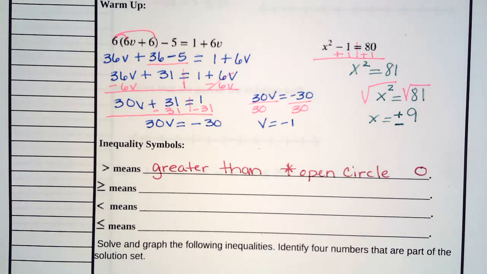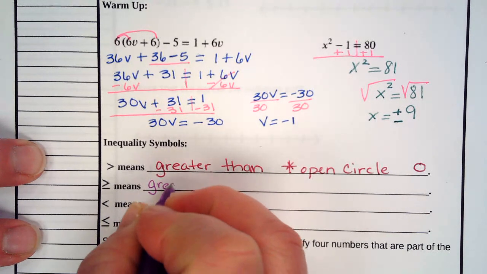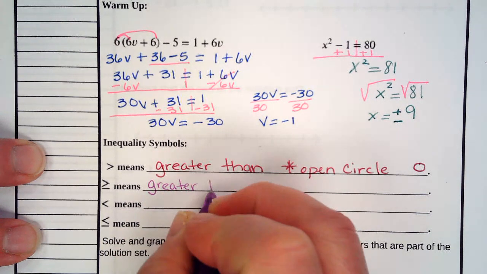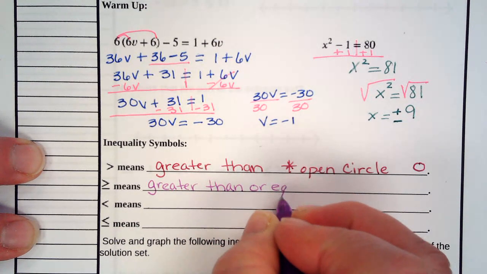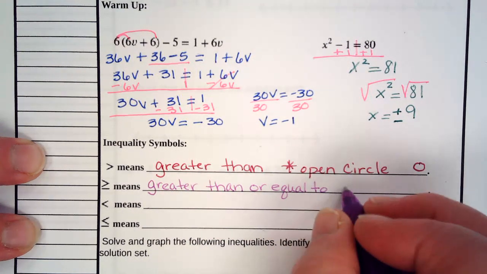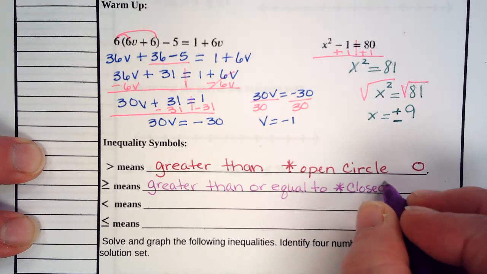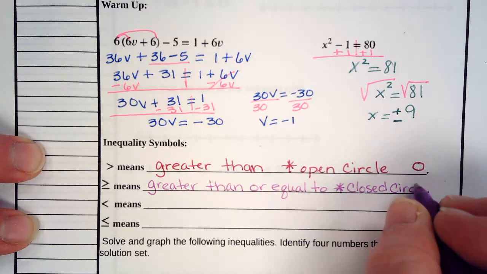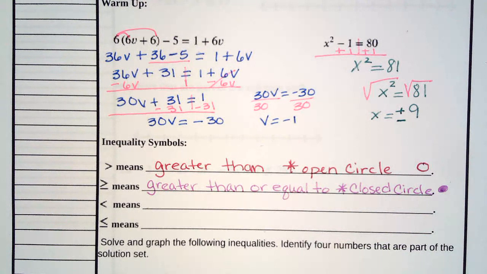Okay, the next one means greater than or equal to. Okay, if this one's open, this one is closed. In other words, we fill it in. Okay, the next one means less than.